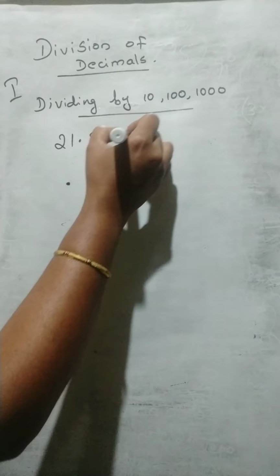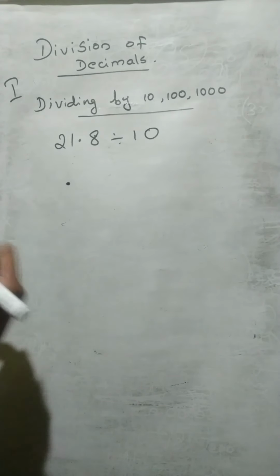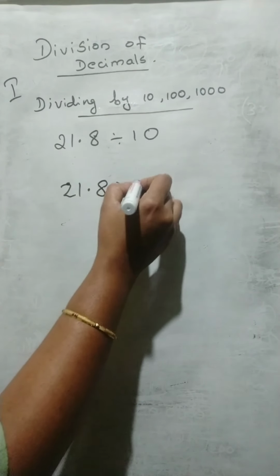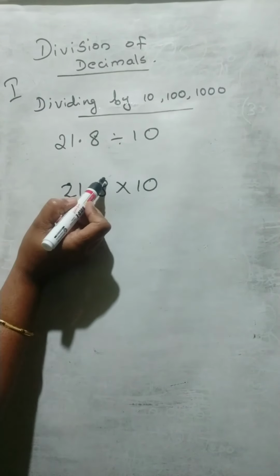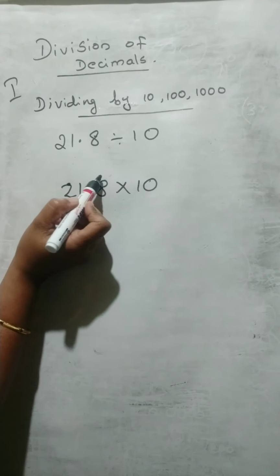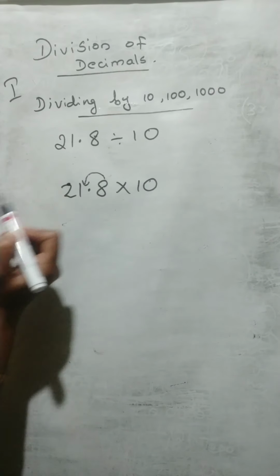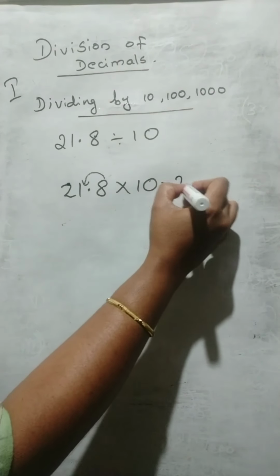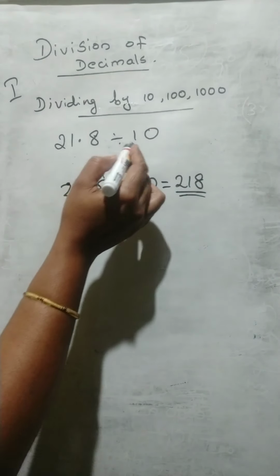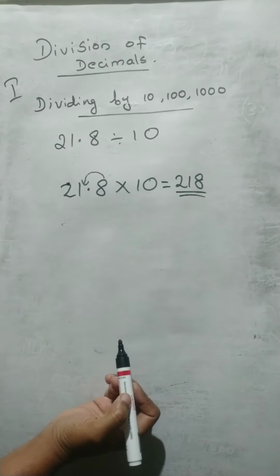21.8 divided by 10. If it is multiplication, we know that 21.8 multiplied by 10: take a digit after this decimal point and keep it before this decimal point. So the answer will be 218. Then in case of division, division is just the opposite operation of multiplication.